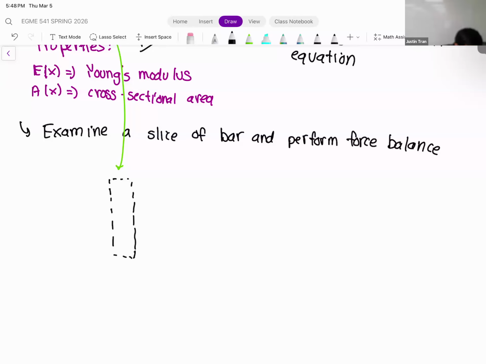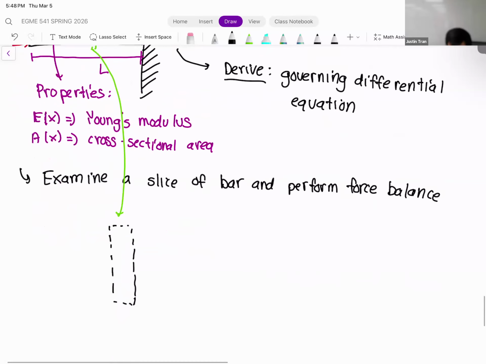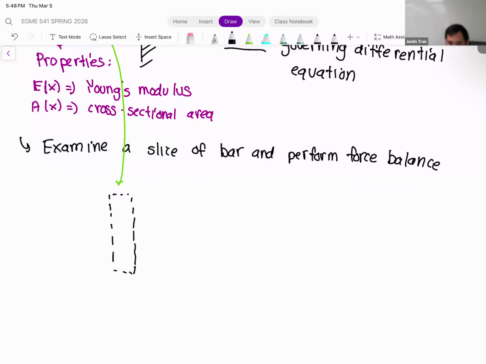Let's go ahead and quantify all the different forces that we experience on this thing. One thing that's implied by our situation here is that this entire bar is in static equilibrium, so it's not moving. And if the entire bar is in static equilibrium, that means each individual slice of the bar is also going to be in static equilibrium.